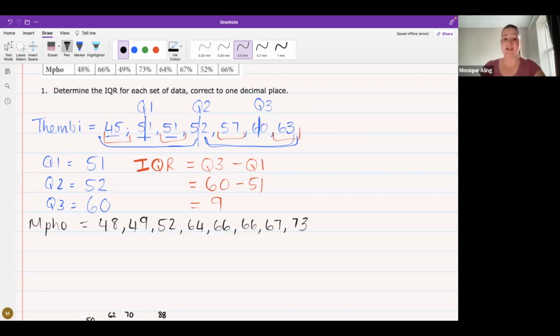Okay, first step is we find the middle, our median. So we count how many numbers there are. There's 1, 2, 3, 4, 5, 6, 7, 8. It's an even amount of numbers. So that means technically our 64 and 66 are both in the middle. So quartile 2 is in between them. So for quartile 2, you're going to say 64 plus 66 divided by 2. So that means your quartile 2 or your median is 65.